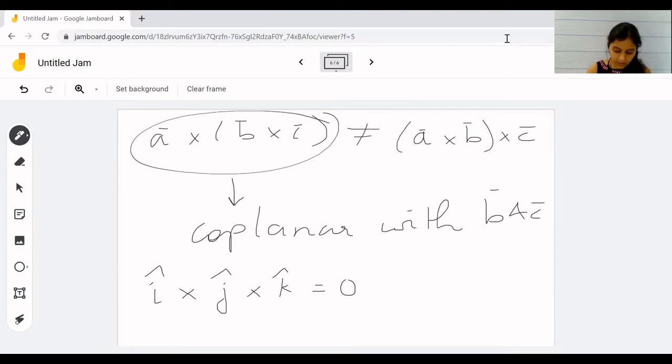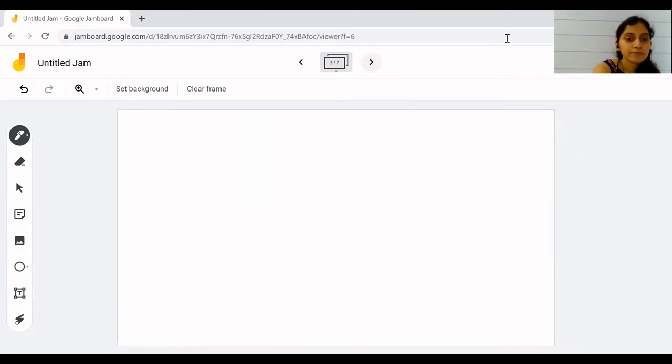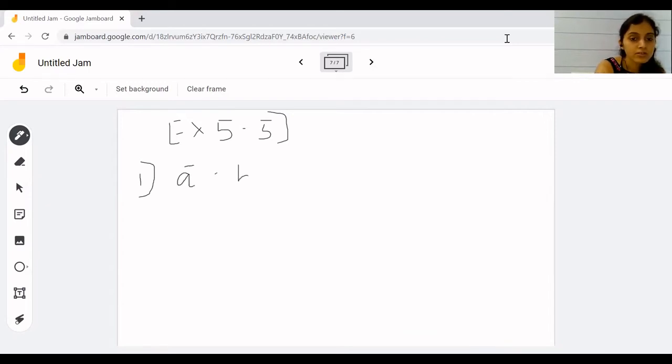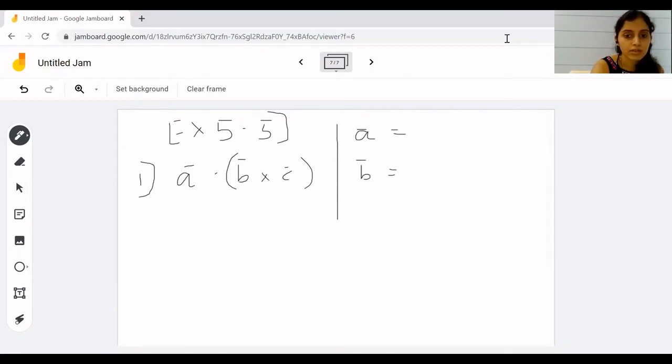Now let us begin with exercise 5.5. I'll do the very first sum only. Find A bar dot B bar cross C bar. So you have to find the scalar triple product A bar dot B bar cross C bar if the three vectors are given. Now what are the three vectors? A bar is equal to 3i minus j plus 4k.